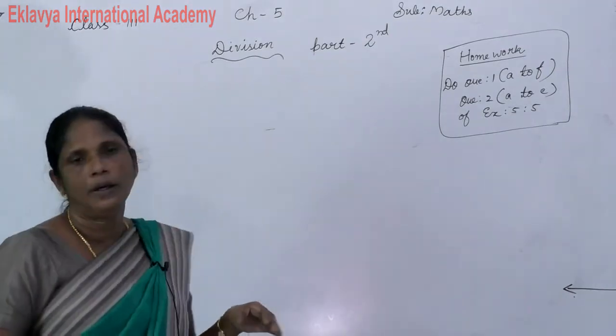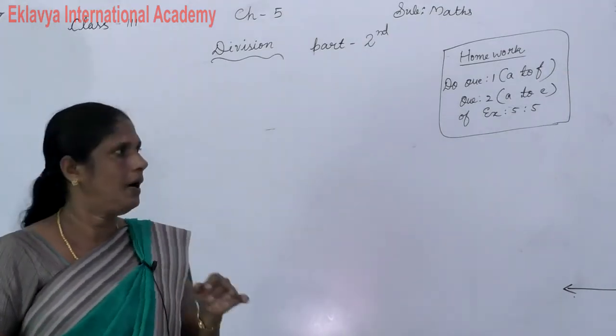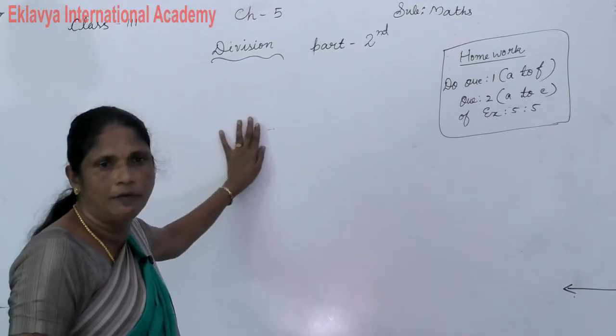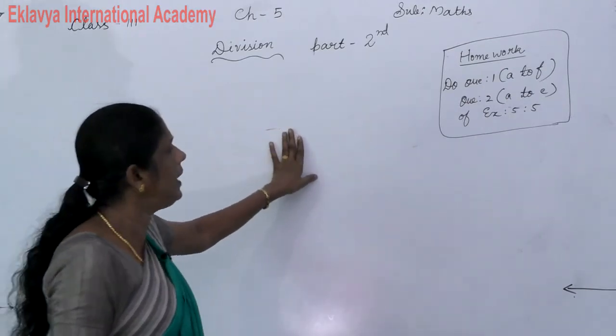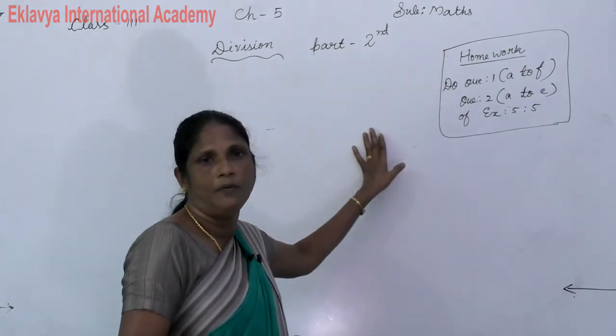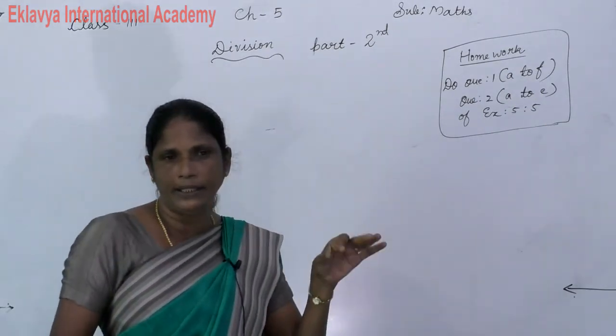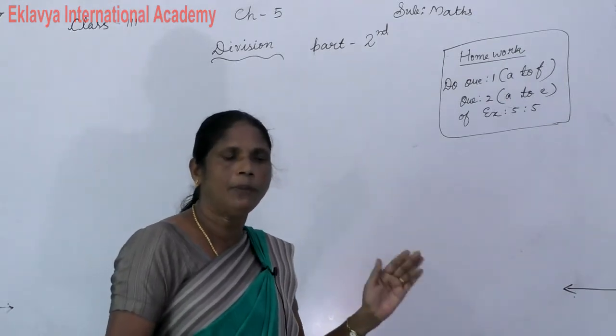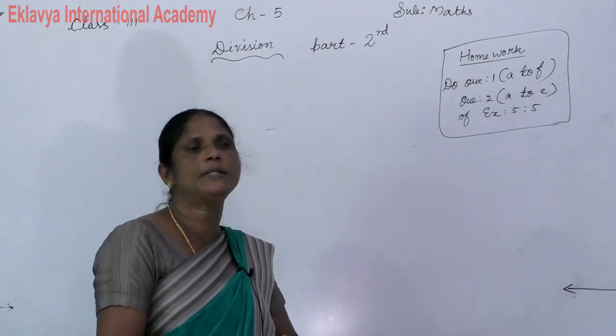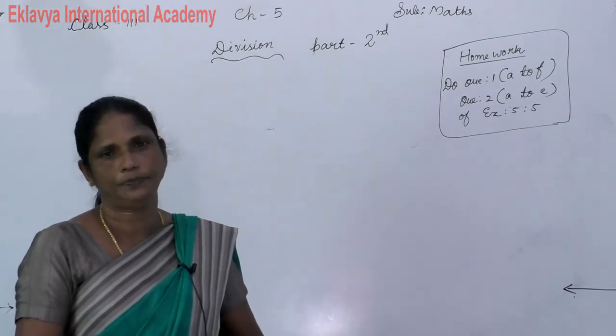A number divided by itself, the result is 1. Next, divide by 10: we remove one digit from the right hand side of the number.